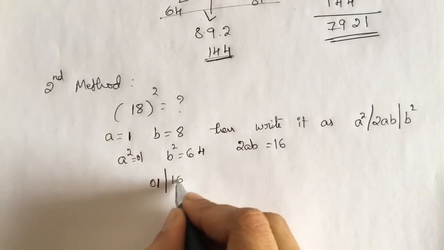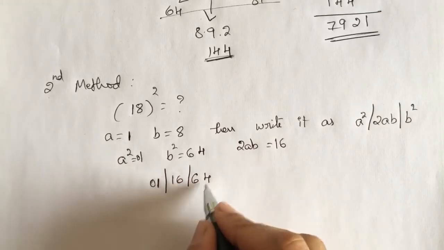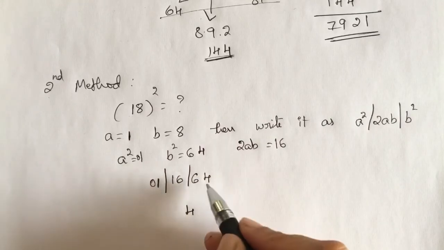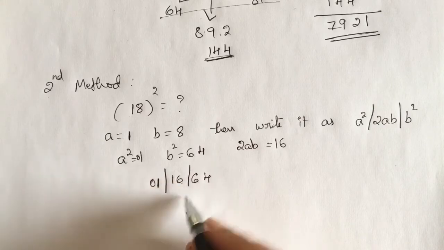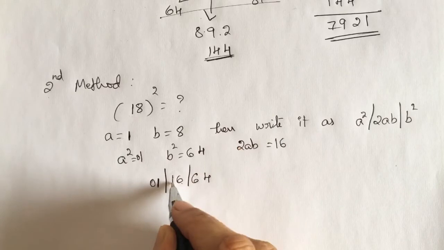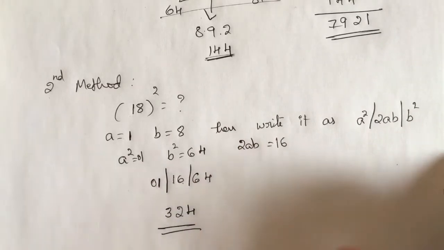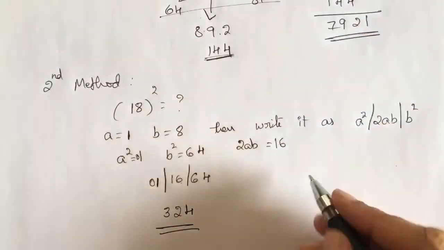So 2AB bar 64. Now you write 4. 6 plus 6, it's 12. Take 1 over here and add it to this. It's 2. 2 plus 1 is 3. This is another way.